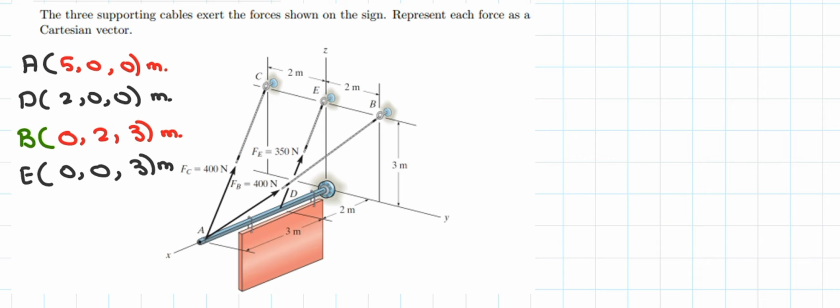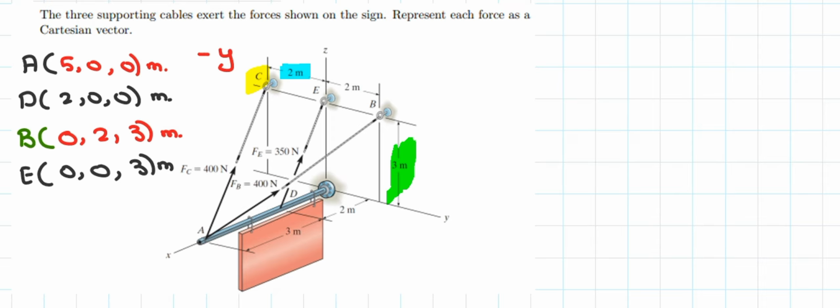Now our last point is point C. Point C lies on the yz plane, but point C lies on the negative y axis and positive z axis. So this 2 meter distance right here is the y value present in point C, and it is negative 2 meter because it is situated on the left hand side. And again this 3 meter distance right here is the positive z value present in point C, because this 3 meter distance lies vertically upward.